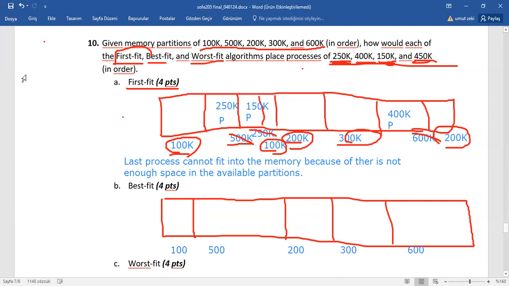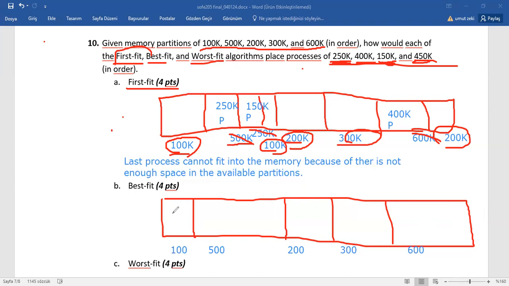So the first process is 250K. In best fit, it will check the memory and put it in the smallest partition that it can fit.